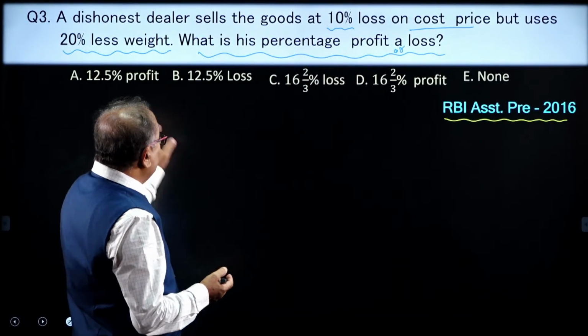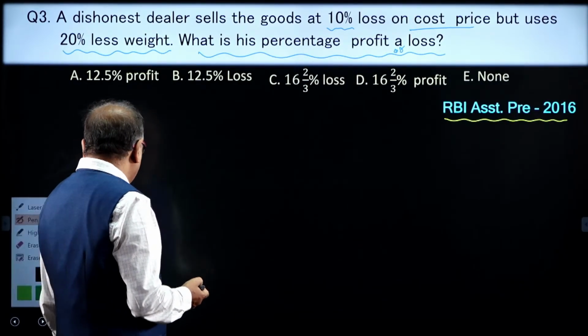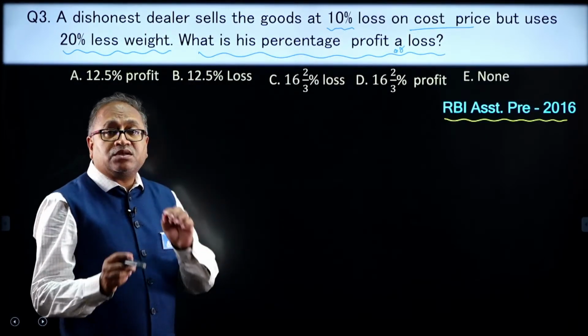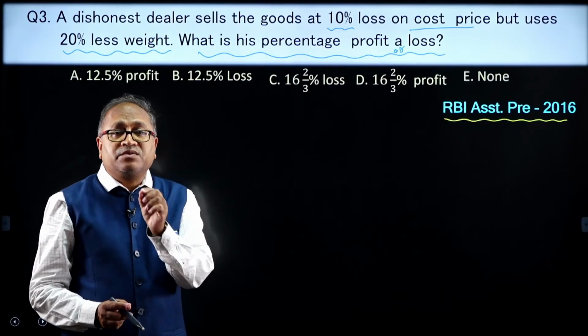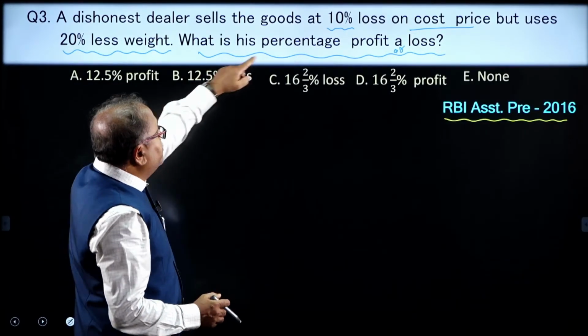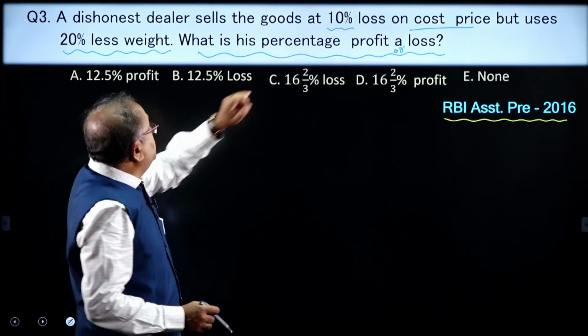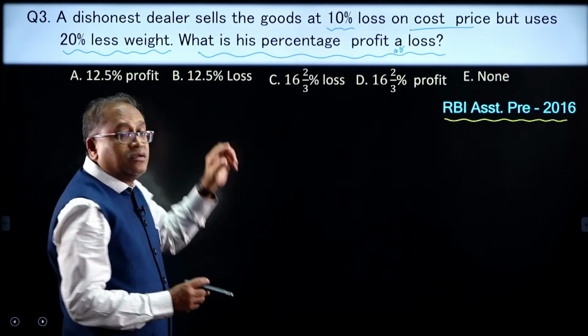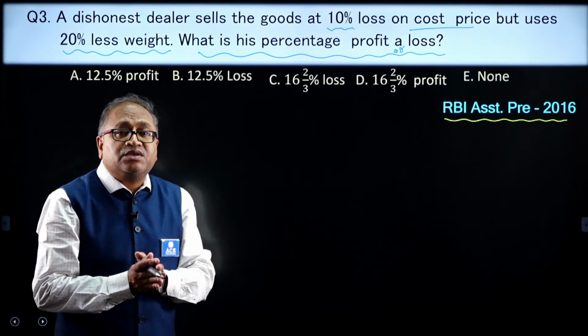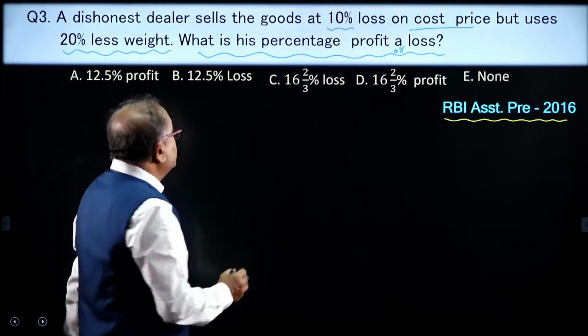Now, before I give you the answer, how do I answer the question? Please see that the best method, when we have the profit or loss percentage, and we also have how much percentage he gives less, is this.